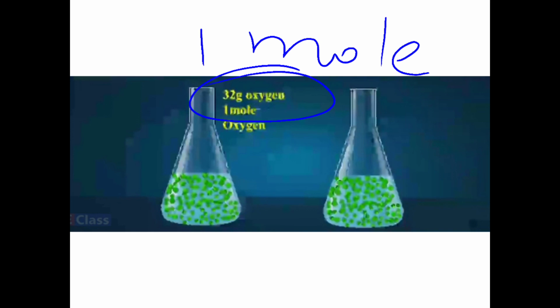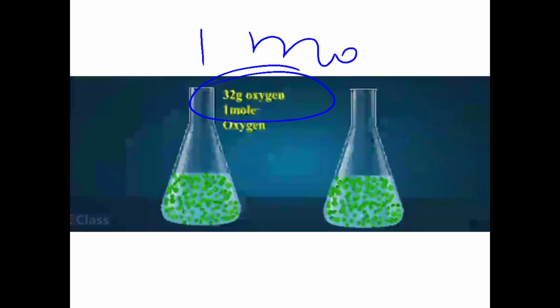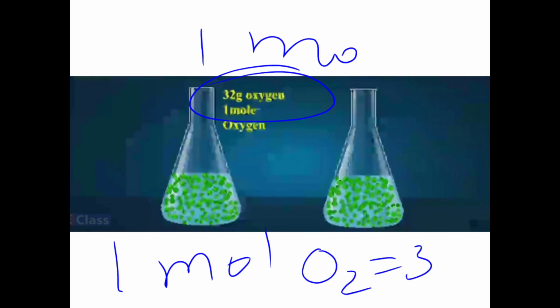That is called 1 mole. Followed? So for example, 1 kg is 1000 grams. In a similar manner, we have 1 mole of oxygen is 32 grams of oxygen.